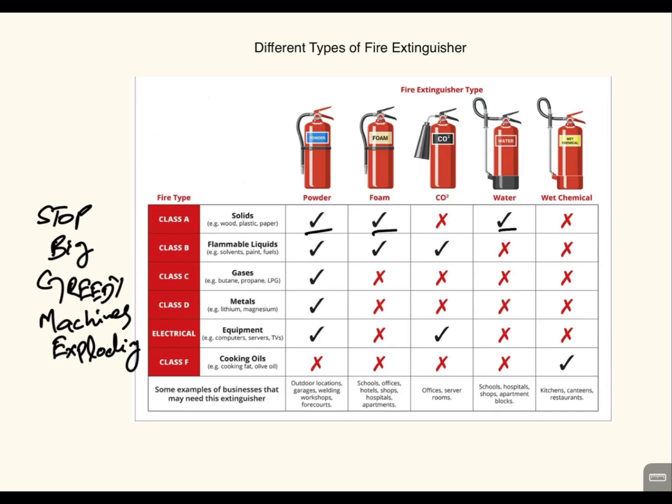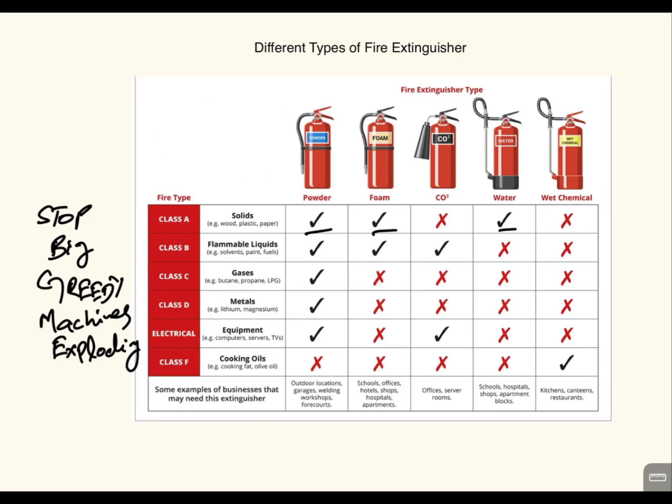So it's always important to know which fire extinguisher can be used if there is fire on these things, for instance, if we talk about class A, the solid products, wood, plastic, and paper, right?